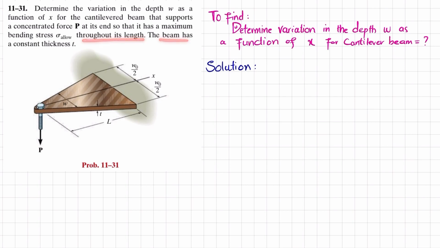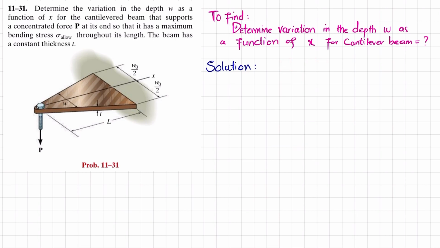The beam has a constant thickness T. You can see this is the beam that has a constant thickness T, and one end of this beam is fixed, so it is a cantilever beam, and there is a point load at the end. You can see this width is changing along the length x. Clear? So what we have to find is this W in terms of x. W is a function of x.